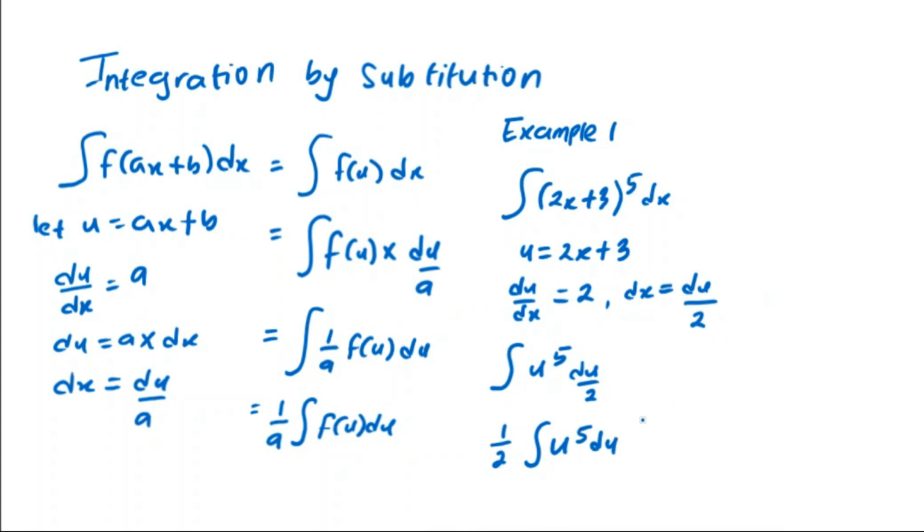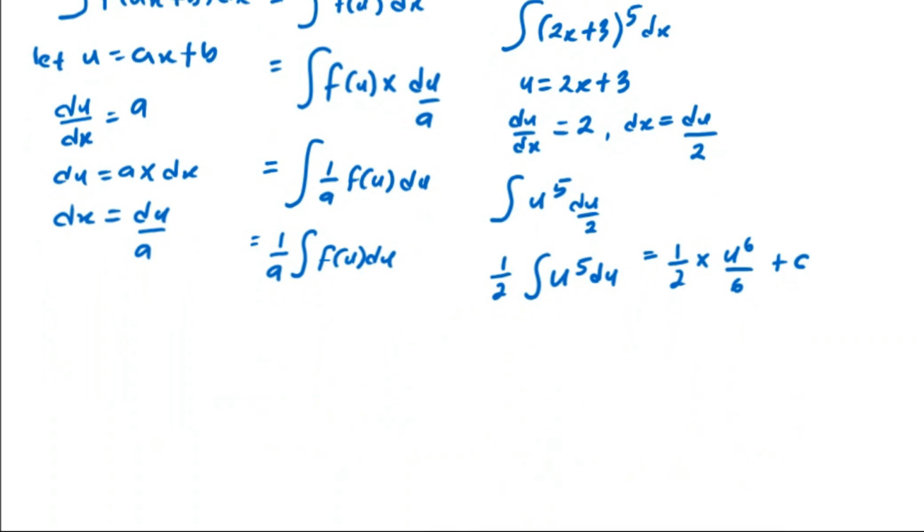So basically, what this gives us is 1 over 2 multiplied by, if you integrate u raised to the power 5, you are going to get u raised to the power 6 divided by 6, that's using the AD method, plus an arbitrary constant c. So this therefore means that we have 1 over 12, 2 times 6 gives us 12, u raised to the power 6 plus c.